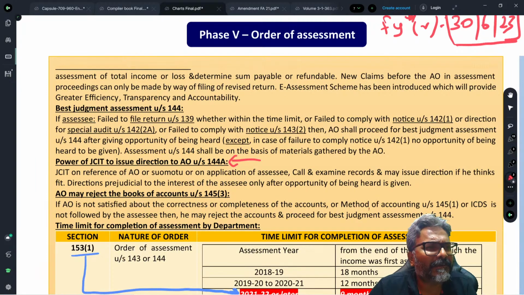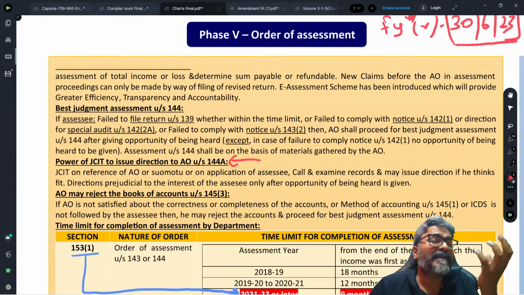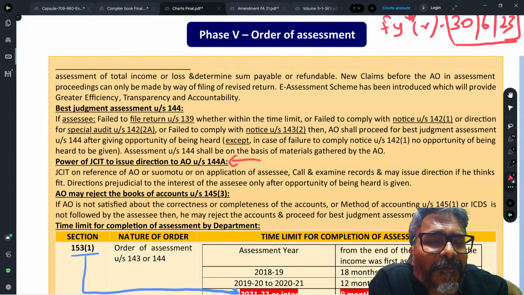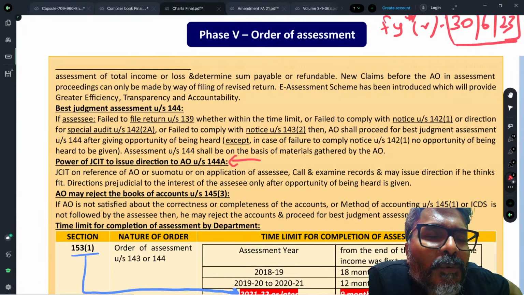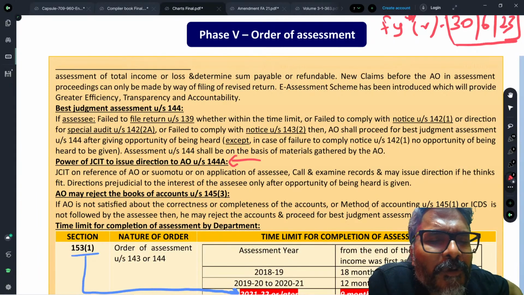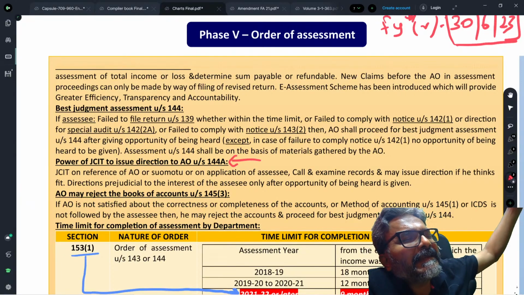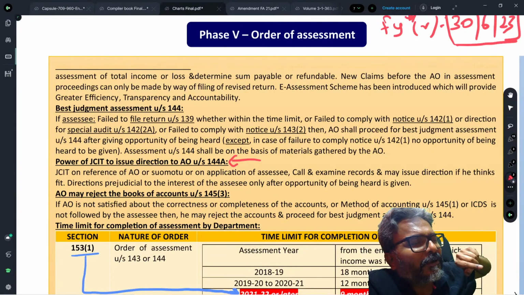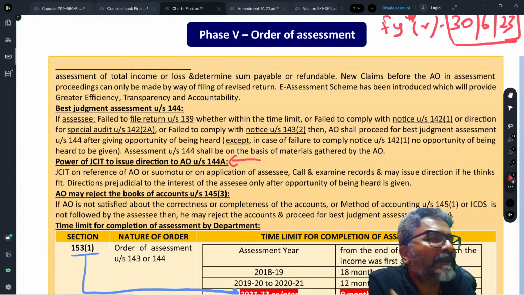Who is a JCIT generally? Are you aware of it? JCITs generally, students, are the specialists. These are specialist people who are trained in a particular domain. So say, for example, there is a JCIT who is a specialist in stockbroker's audit. Therefore the AO will make an application to the JCIT and ask him for his direction, on the basis of which he will proceed further and do the assessment.